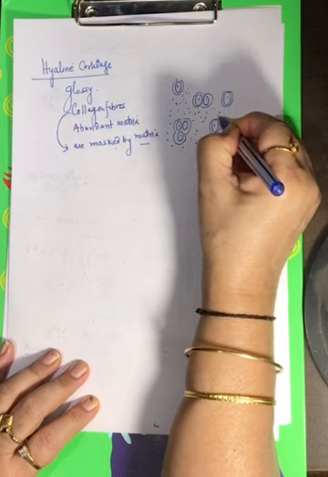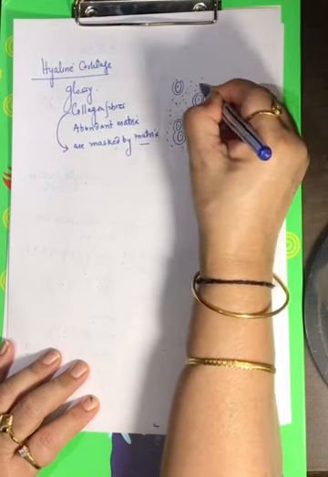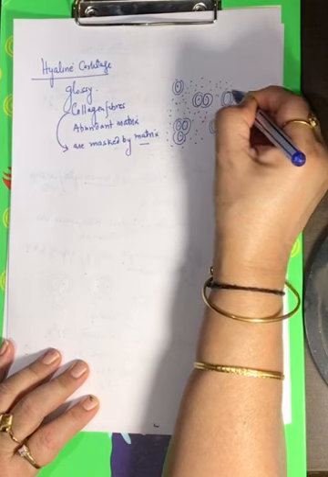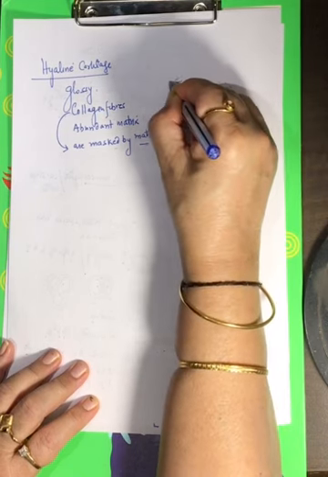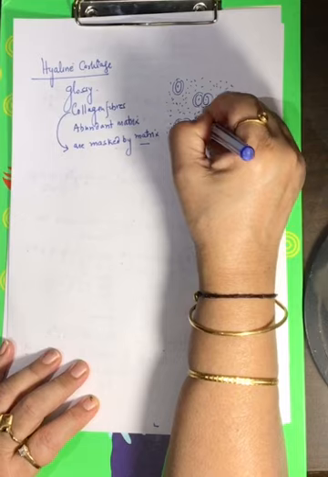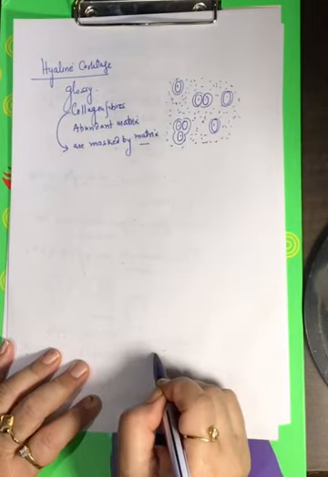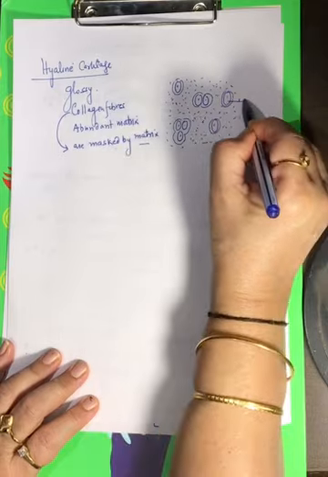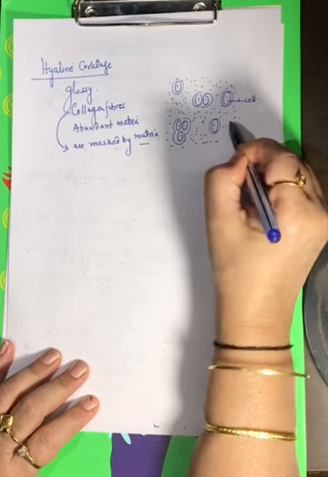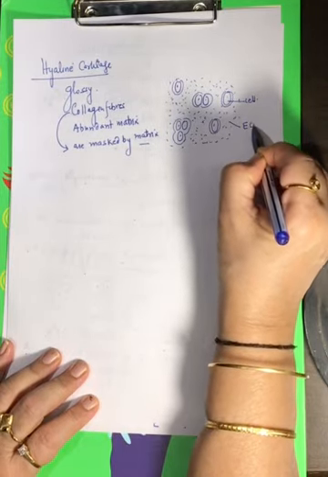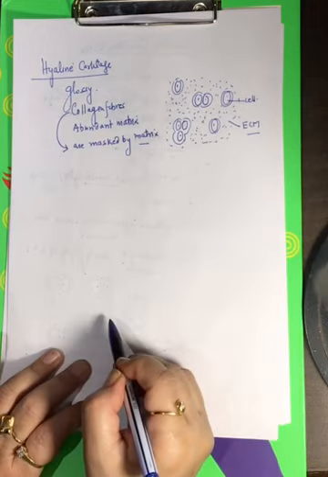This is my matrix or ECM, and the fibers are not visible because of the abundance of the matrix. They are masked by the matrix. So these are my cells in lacunae, and this is my ECM. This is the hyaline cartilage.